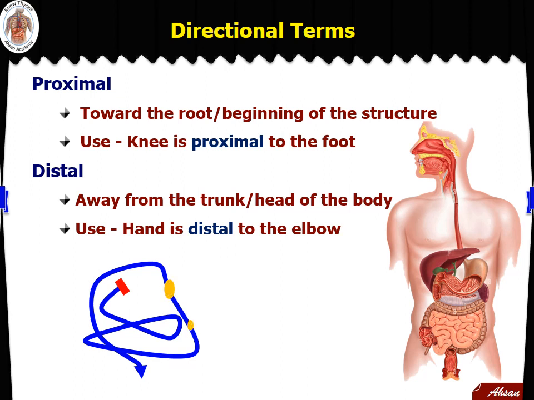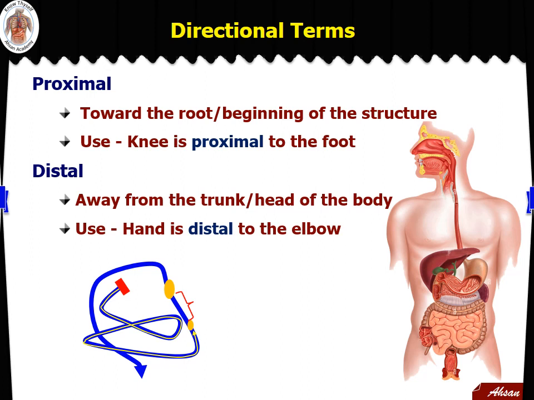If we take two points, the larger one, the yellow dot, is very close to the root or attachment or origin, and the smaller one is a bit away from that point. Let us follow it from the attachment or root or beginning. Then you will find that the smaller one has come first, then the larger one.